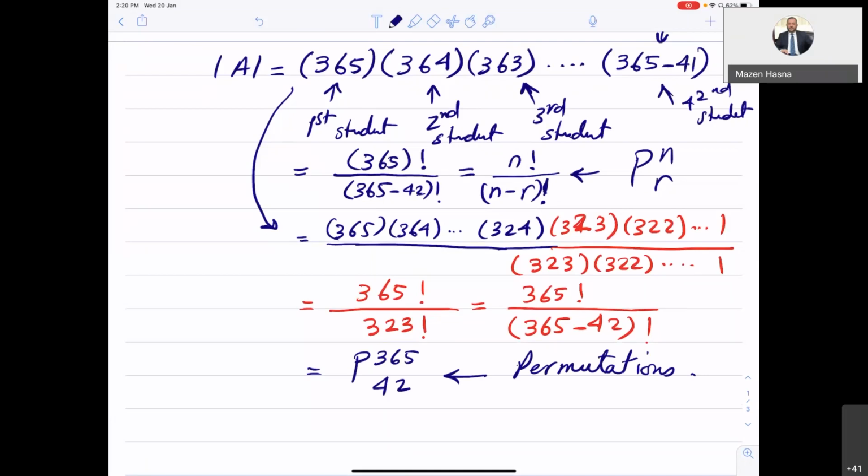You want to find all the combinations among the students, where order matters. Why does order matter? Because if Ali is January 1st and Muhammad is March 1st, it's different than when Ali is March 1st and Muhammad is January 1st. This is a different event, so order matters. So that's permutations.